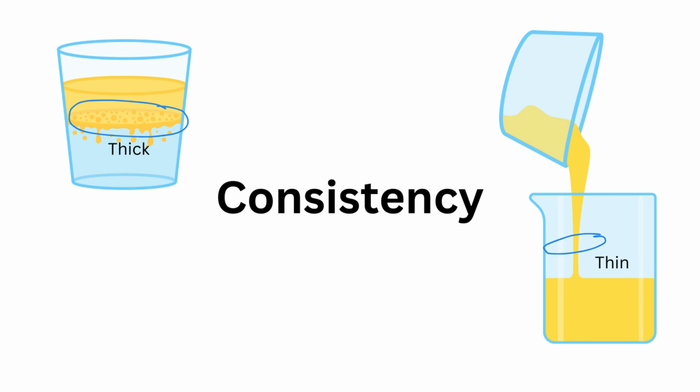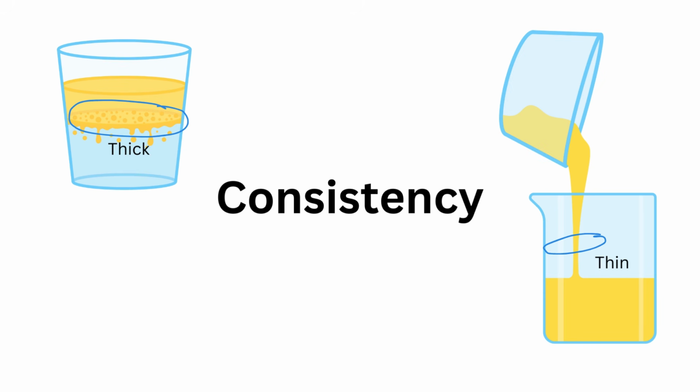The next word is consistency. So this can be how thick or thin something is in relation to a fluid. So you can think of the right side over here, the liquid is a little bit thinner, and on the left side it is a little bit thicker. Again, this is consistency.